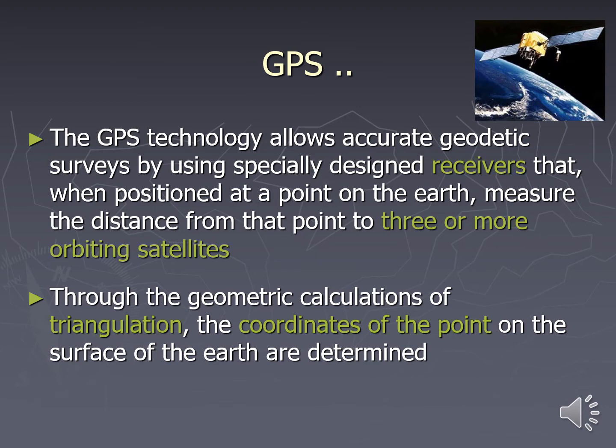These satellites are always projecting their location, and it is then measured by your receiver, and you're able to take a calculation of 3 or more of those satellites that are consistently beaming their location into your receiver to triangulate. That's where we use that word, right? Triangulate the location of a point on the globe. And through geometric calculations, that point is determined, right? That's where we're at.